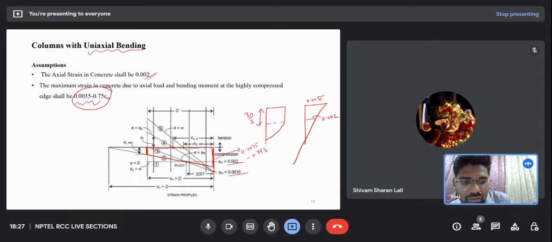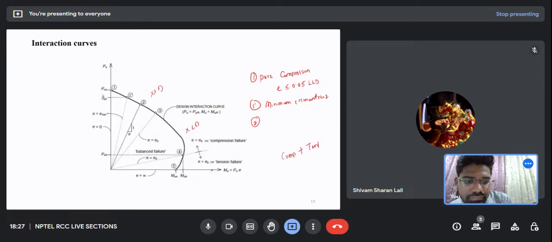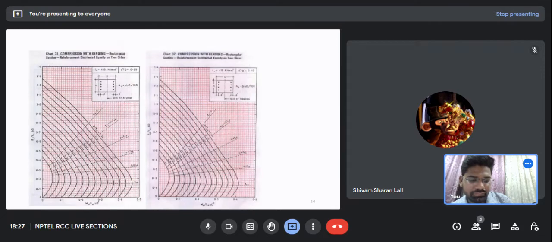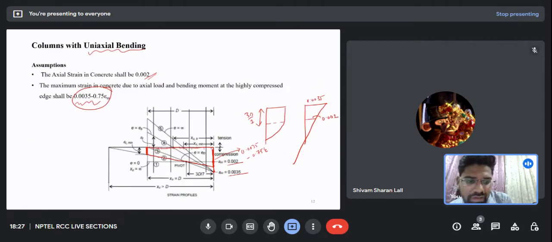And when I draw this, what will happen? See, my strain will again pass through this pivot point. This is the pivot point, the point of 3d by 7, as you can see here.